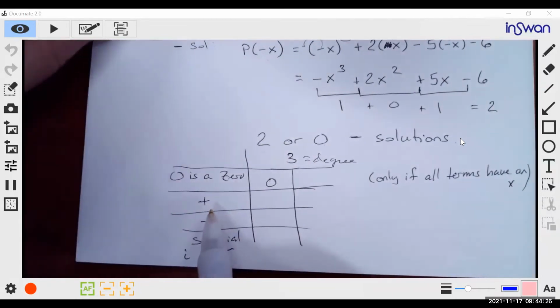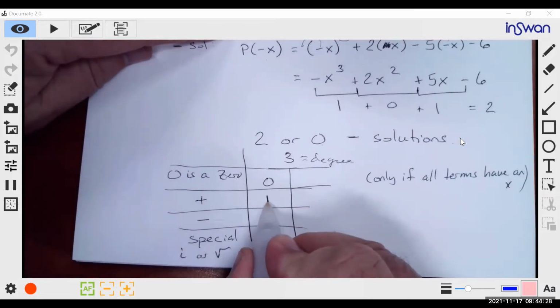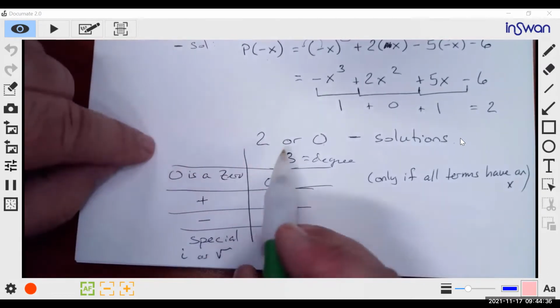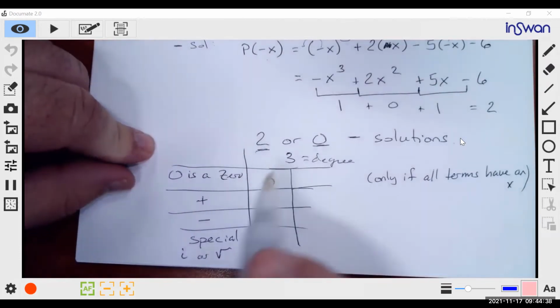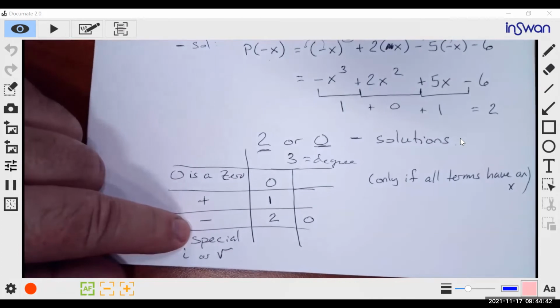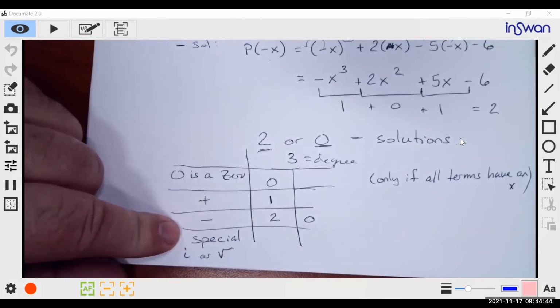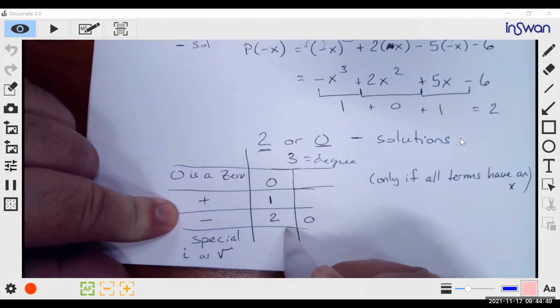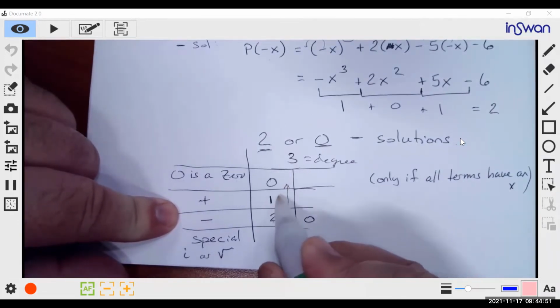All right, we worked out here, we have 1 possible positive. So that one's going to be constant. That one's 0 is going to be constant. Now, here we have 2 possibilities for negative solutions. We can either have 2 or 0. That means, okay, if it's 2, we have to add up these things. 2 plus 1 equals 3.